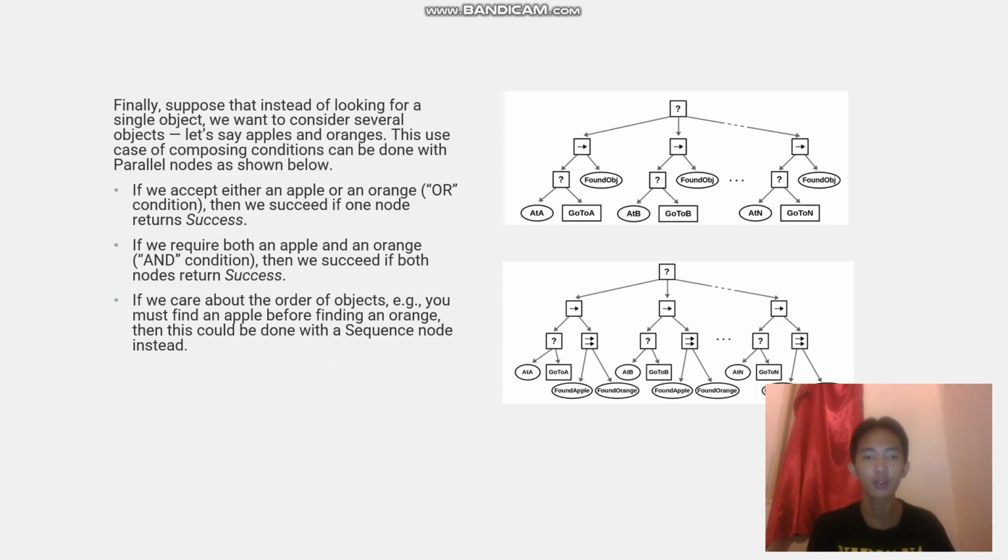If we require both an apple and an orange, then we succeed if both nodes return success. If we care about the order of objects, you must find an apple before finding an orange. Then this could be done with a sequence node instead. As you can see in this diagram.